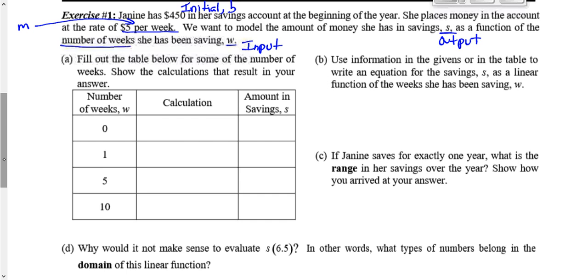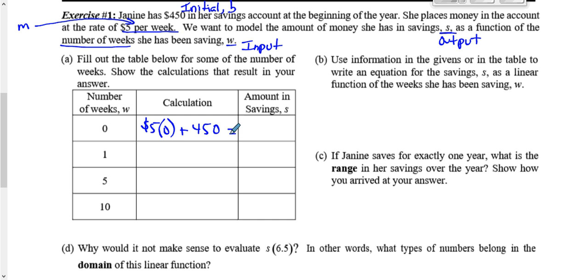So number of weeks, at week 0. And I believe we're going to be talking about full weeks here, not partial weeks. This is the starting amount, so it's $5 times 0 weeks plus what she starts with, $450.